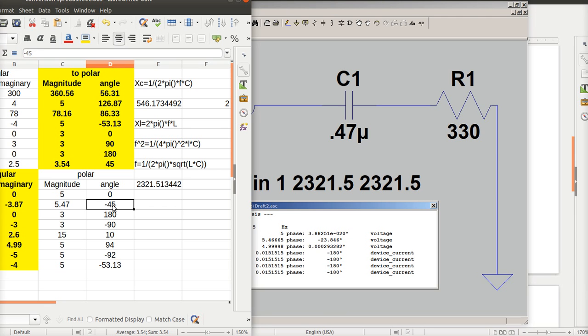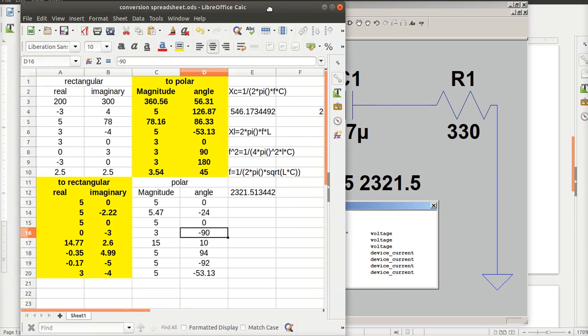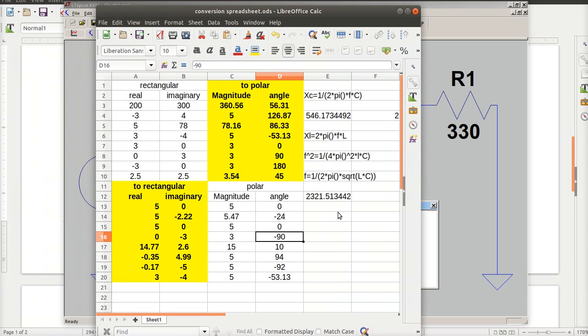So I'm going to make that minus 24, and then this is 5 angle 0. So I'm just using the first 3 lines of my conversion spreadsheet to give me my node 1, and I can put in node 1, 2, and 3.